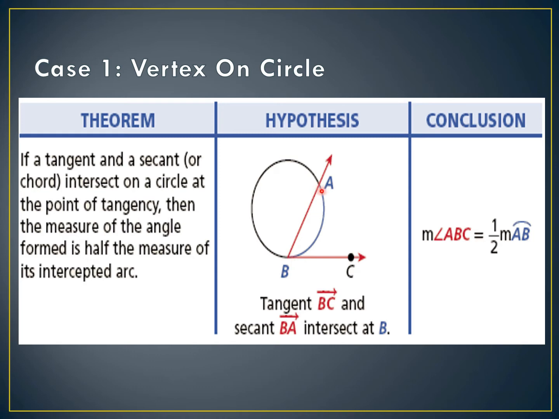So, yung measurement nitong AB, pag hinati mo, yun yung magiging measurement ng angle ABC. So, dito nga, sabi, measure of angle ABC is equal to 1/2 the measure of arc AB. So, ito yung magiging measurement niya kapag ang vertex ng angle natin is on the circle.